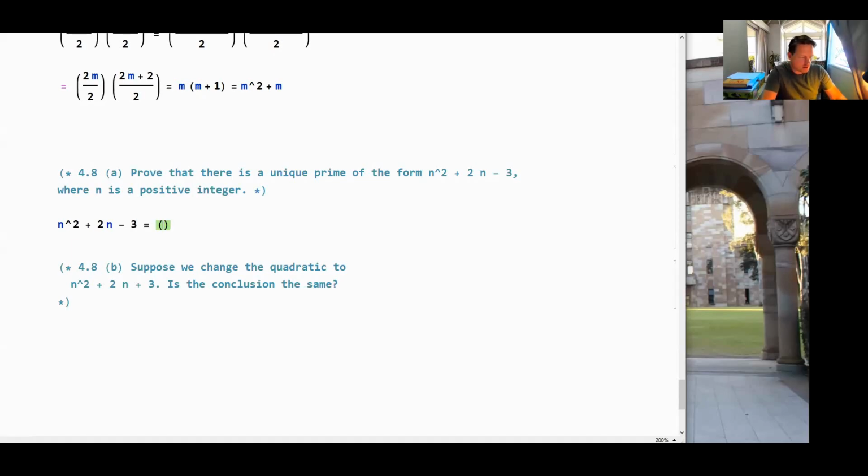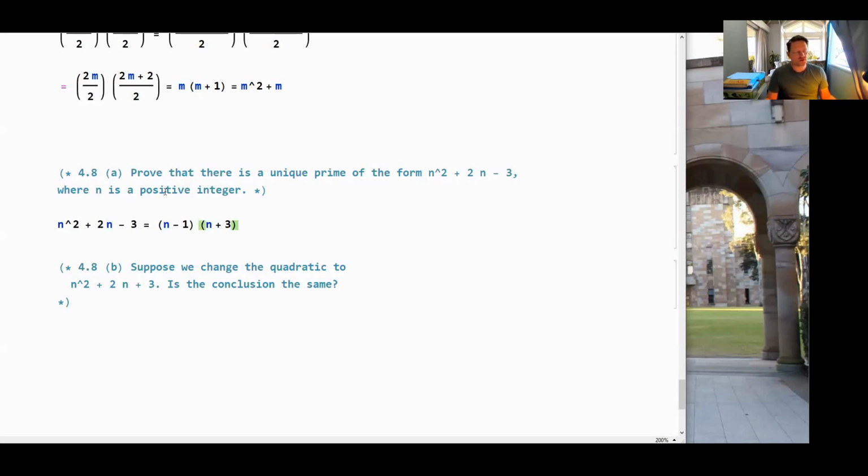We have n plus something and n plus something, and the factors of 3 are 1 and 3. We've got a minus sign there, so we need to choose the appropriate signs, and that expands out to be this left-hand side, so that's the correct factorization.